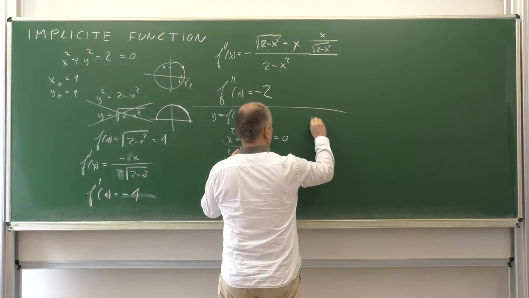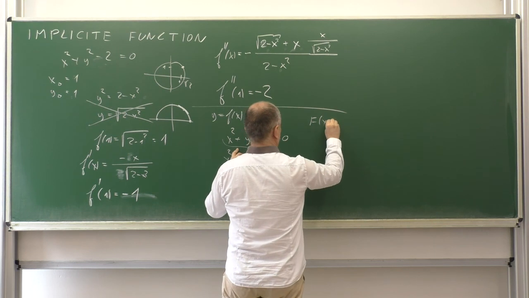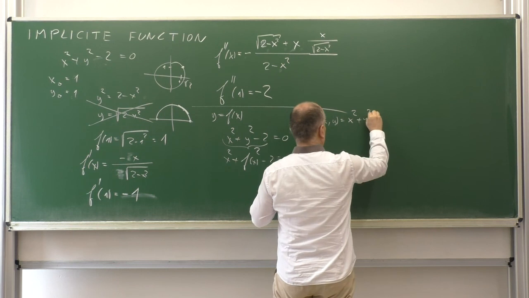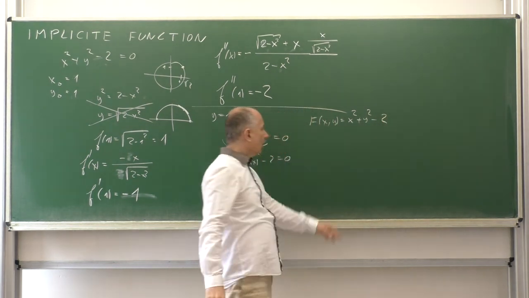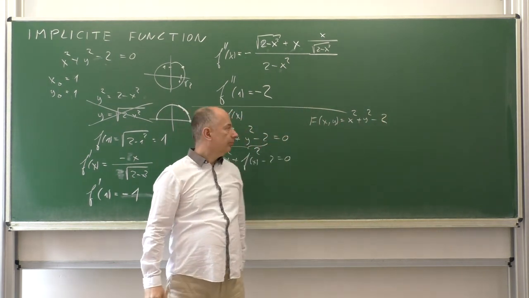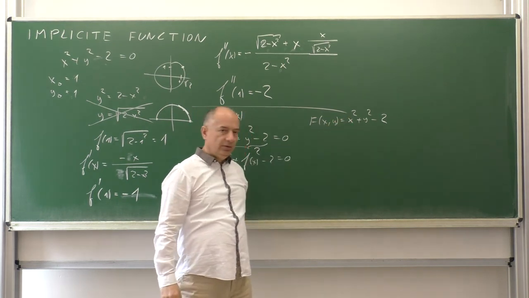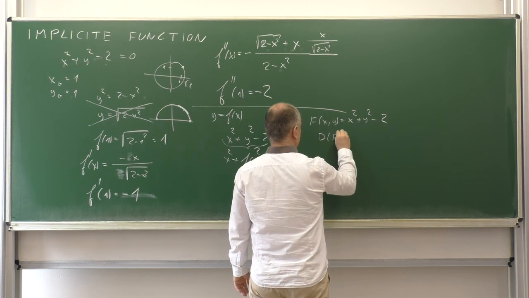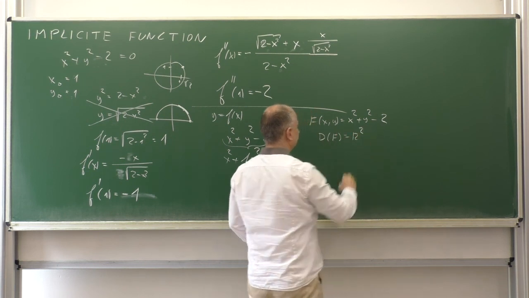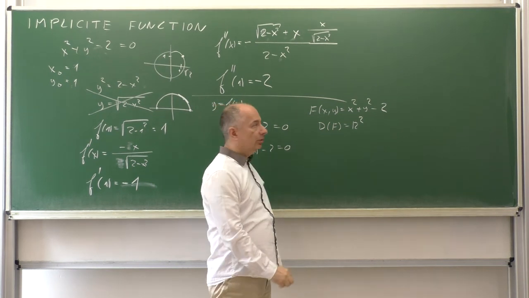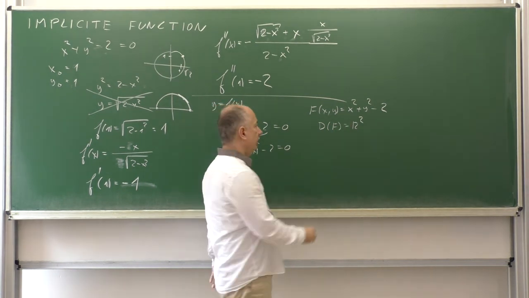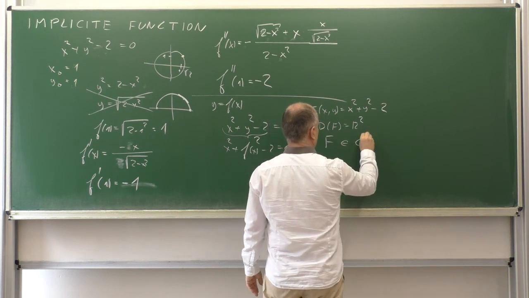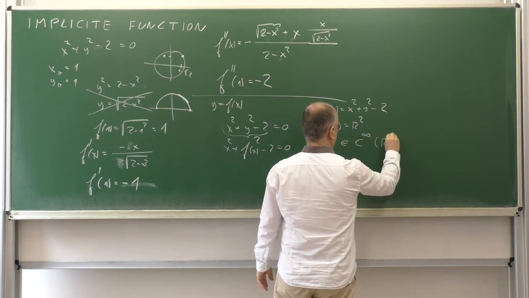If we denote the left-hand side as capital F, well, this is a polynomial, so this is a function defined in entire R squared, and it is continuous, and it has continuous derivatives, so we can say that F is from the class C infinity of R squared.